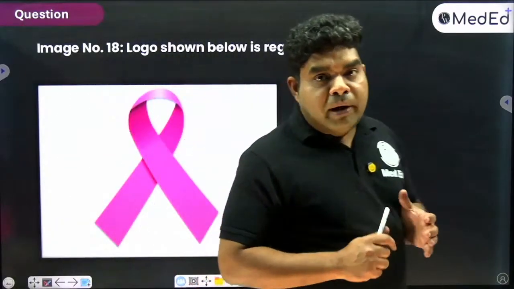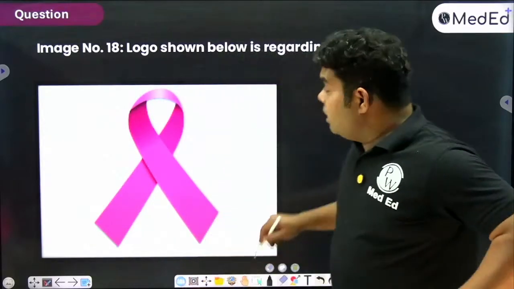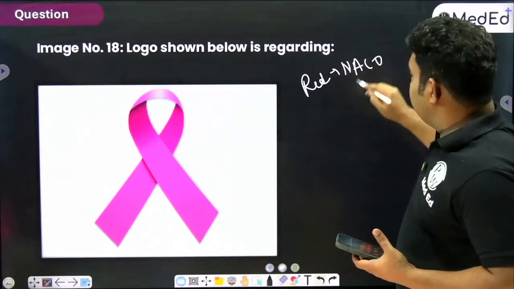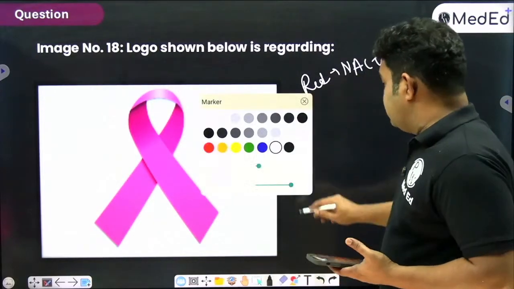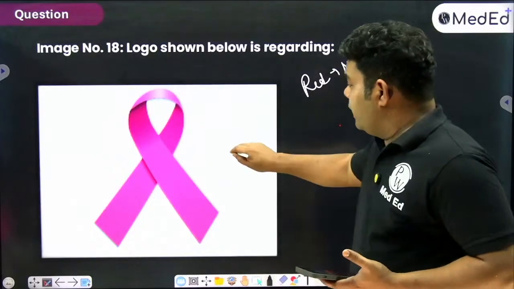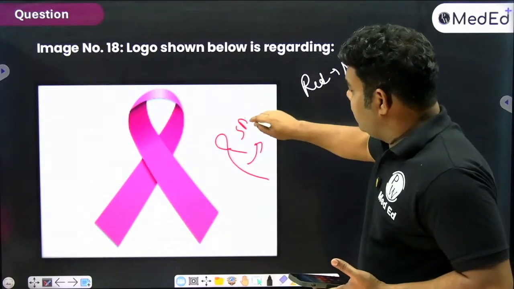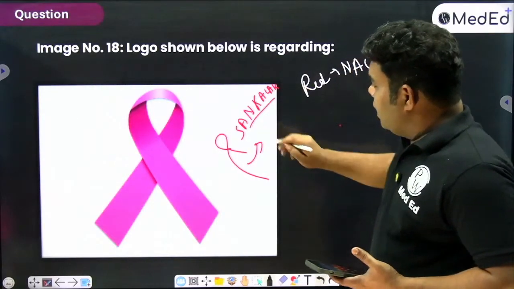If they give a ribbon which is pink in color, that is breast cancer awareness. If they give a ribbon which is red in color, that is the NACO program. And if they give the ribbon where the ribbon is red color but the ribbon has a very long tail like this, this is the logo of Sankalan. Sankalan means compilation.